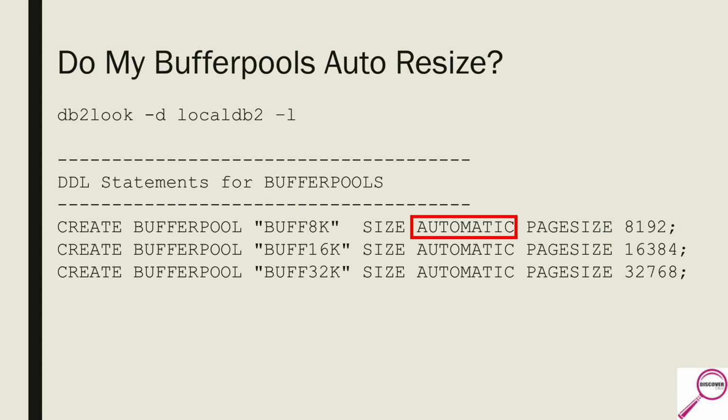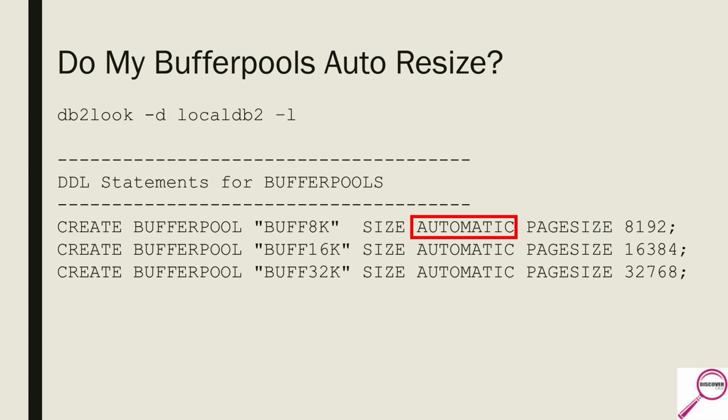First thing I looked at is, will my buffer pools size themselves properly if needed? You can query system tables, but to me it was easier to do a db2look. If you use the -l option, it'll pull up details on your buffer pools.